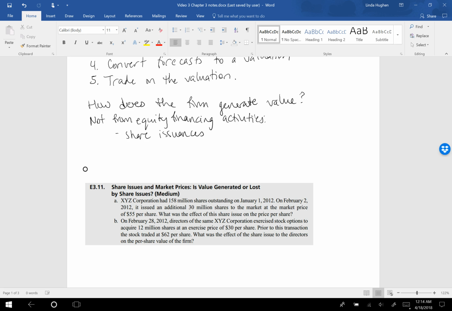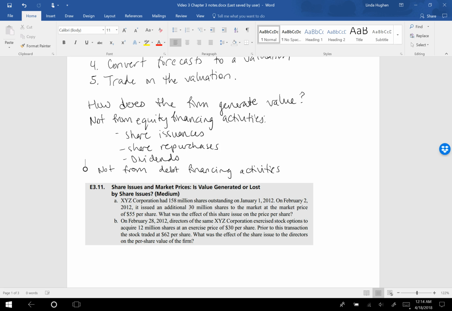Share repurchases. Buybacks. And dividends. And also not from debt financing either. This is really primarily issuing bonds.